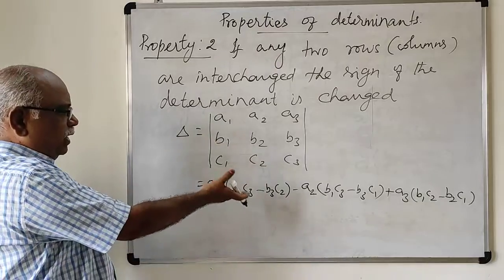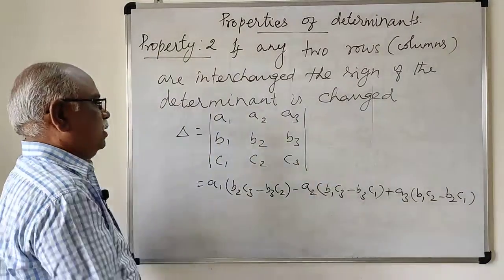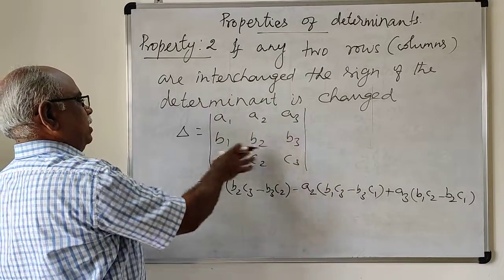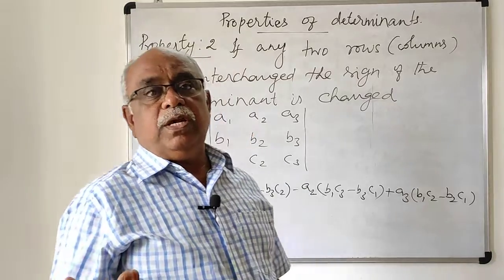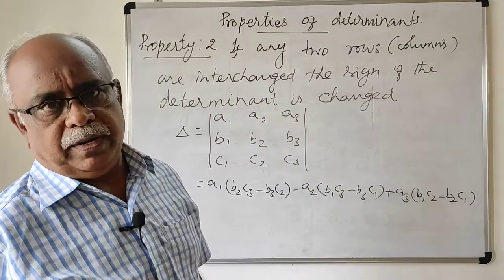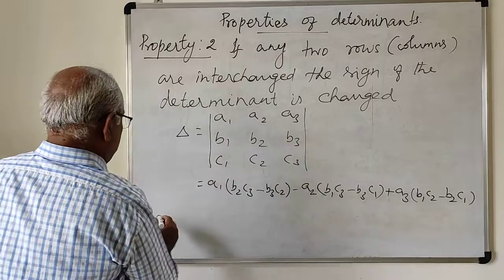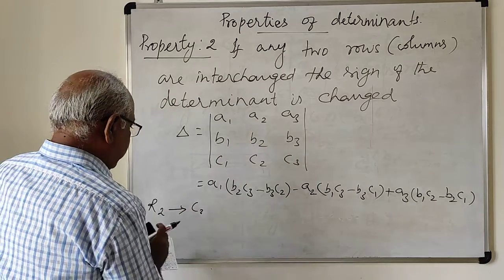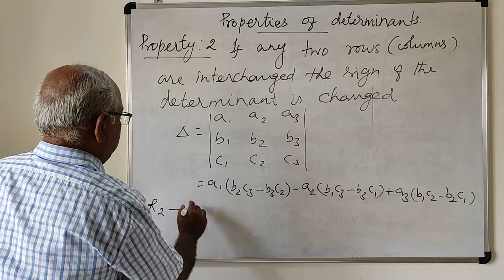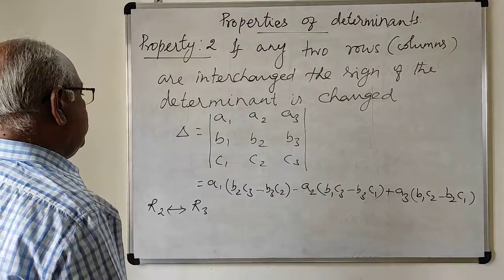We have proved this expansion already in the first property also. Here, this is the given determinant delta. Now, by this property, I am going to interchange any two rows or columns of the determinant. I am interchanging R2 and R3.